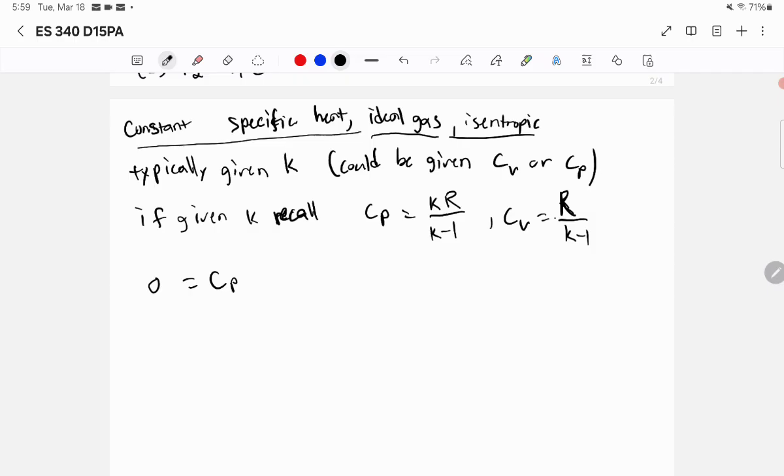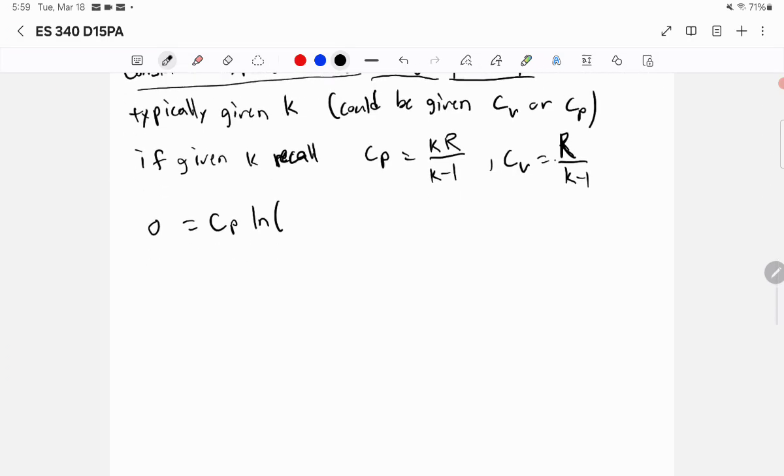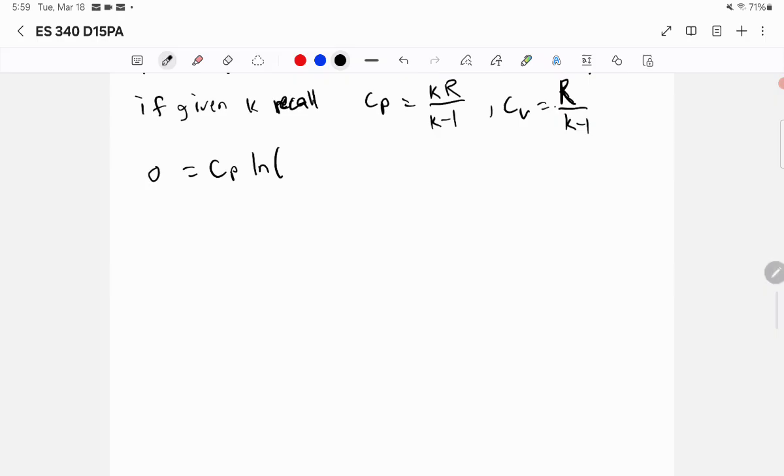constant pressure, which looks like this, because that integral, remember this S circle up here that we were dealing with, was approximating an integral. This becomes the log of T2 divided by T1 minus R times the natural log of P2 over P1, right?